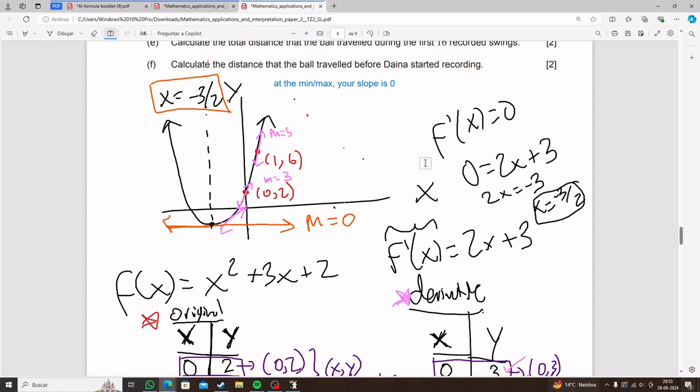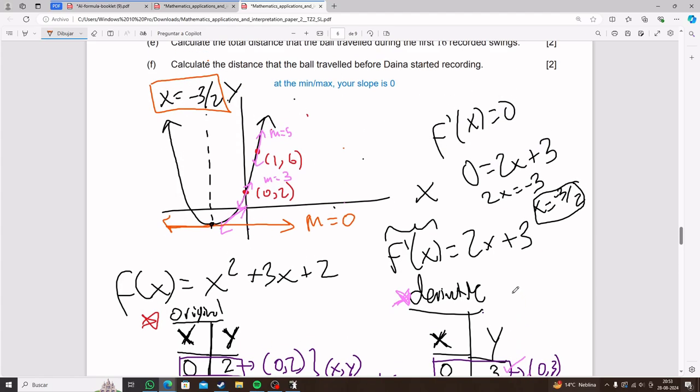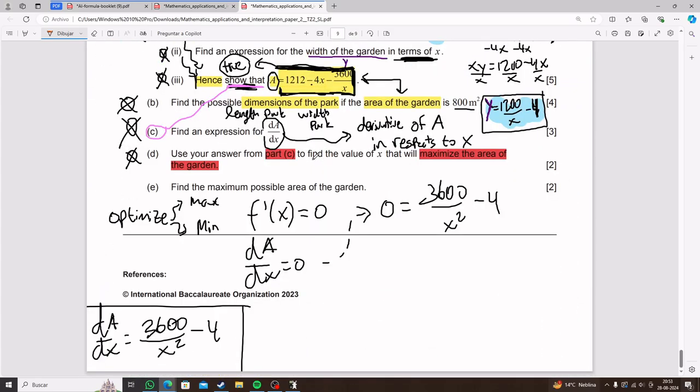And so if you take the derivative and you equal it to 0, you will successfully be asking your derivative function, when my slope is 0, what is my x? And you know that when your slope is 0, you will be at the minimum or maximum. And so what you know of the minimum or maximum right now is that it lies at negative 3 divided by 2. All right, so if I apply that down here, it's the same idea, okay?